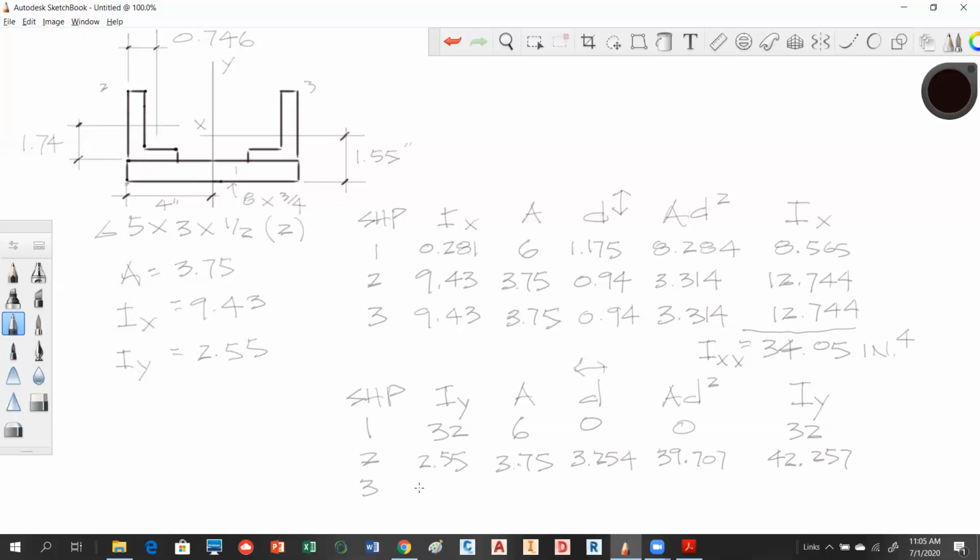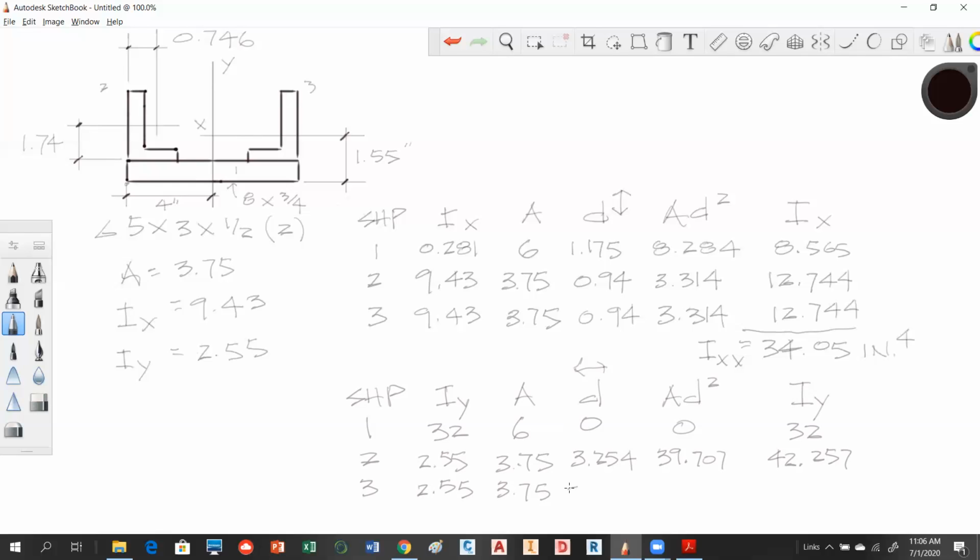Same moment of inertia, same shape, same area. So when we look at this one, what we're doing is comparing or getting the distance from this YY centroidal axis to this YY centroidal axis. So because of symmetry, this distance and this distance is the same, but you could also look at it this way. You could take 8 minus the 0.746, and you should come up with the same number, okay?